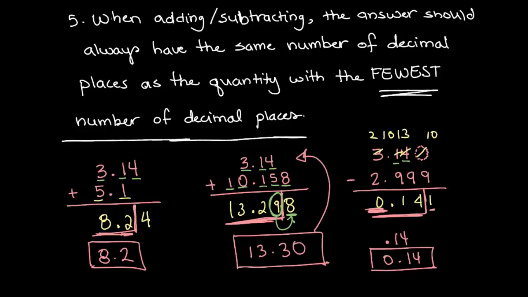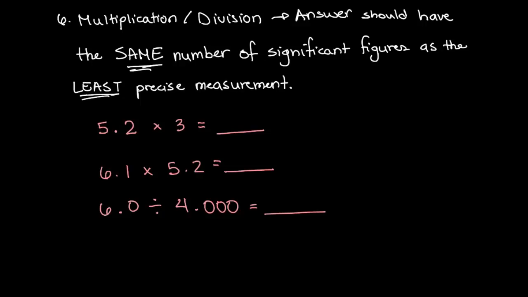For the last slide, for multiplication and division, the answer should have the same number of significant figures as the least precise measurement. Okay, so what do I mean by least precise measurement? So if we have 1 and 2 significant figures, remember we only have 1 significant figure in the 3, so if we multiply 5.2 times 3, we would get 15.6.